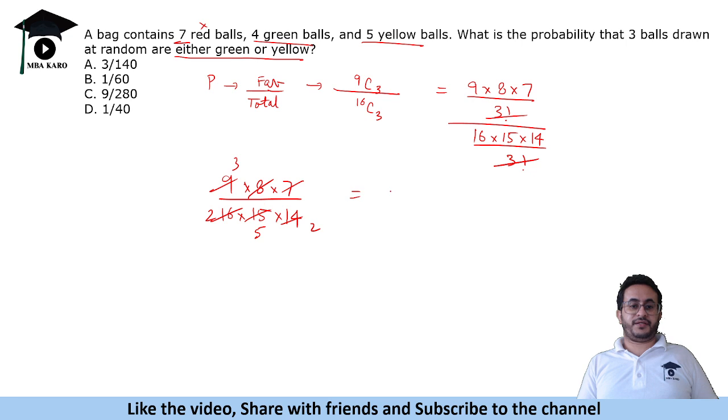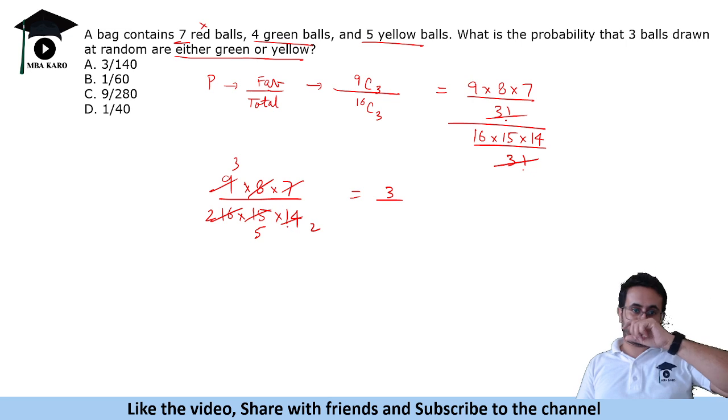So we get 3 upon 20. This is 2 times 3 by 5 and this is 2.